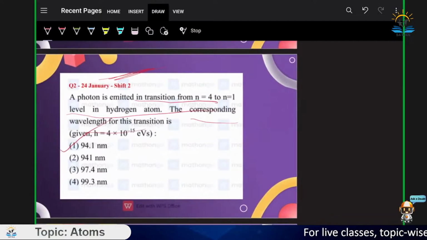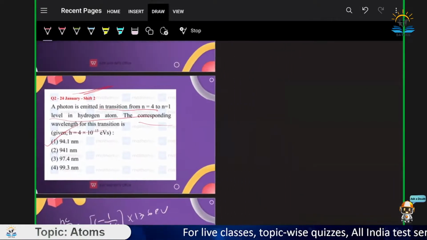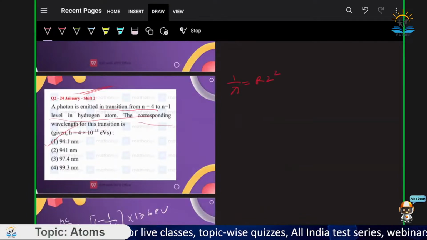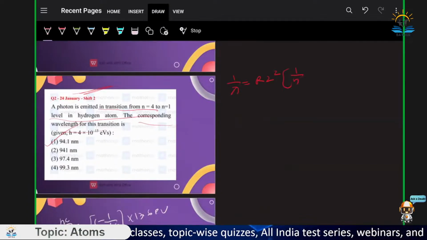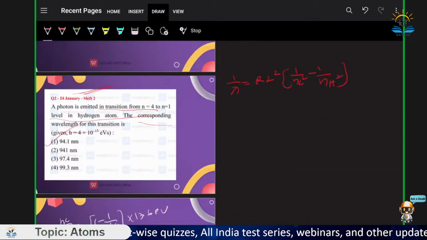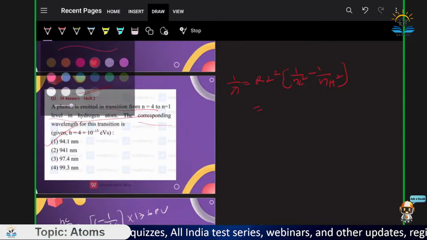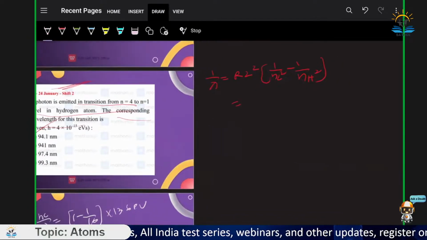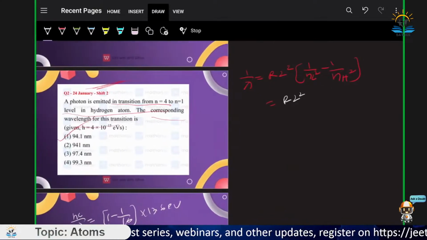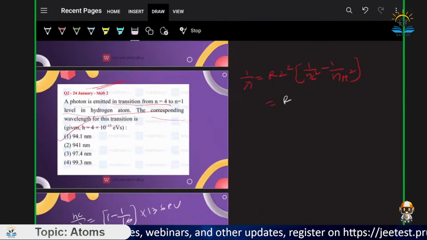Okay, this question number 2. A photon is emitted in transition from n equal to 4 to n equal to 1 level in hydrogen. The corresponding wavelength, we know the equation: 1 by lambda equals R Z square times 1 by n l square minus 1 by n h square. It is hydrogen only, so Z equal to 1.